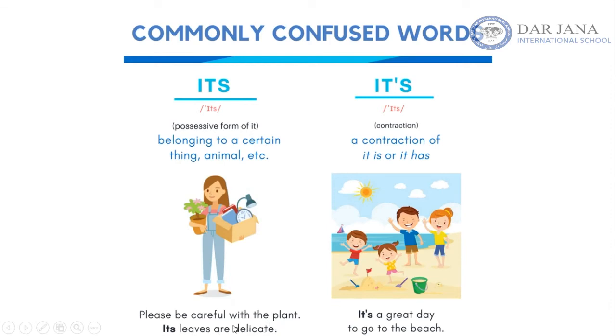When I want to describe something that belongs to the plant, I'm talking about the leaves, I say its leaves. Means the leaves of the plant are delicate. It's a great day to go to the beach means the subject pronoun it with the verb to be is, together are contracted and it becomes it's with an apostrophe and s.